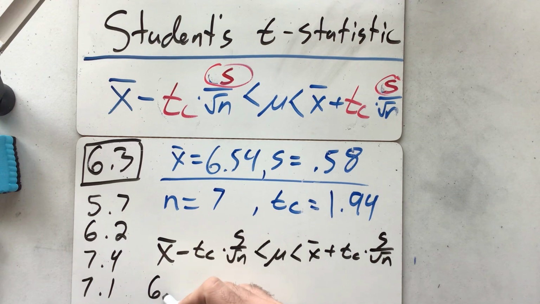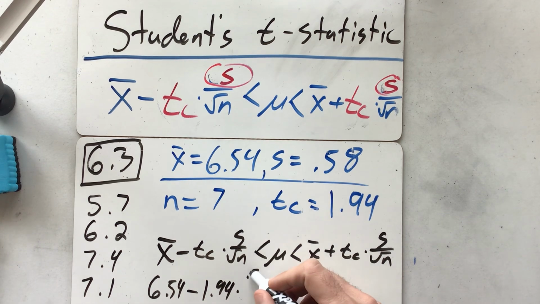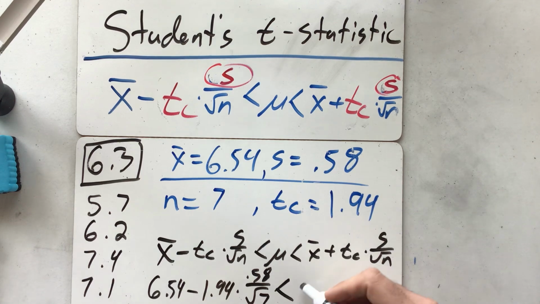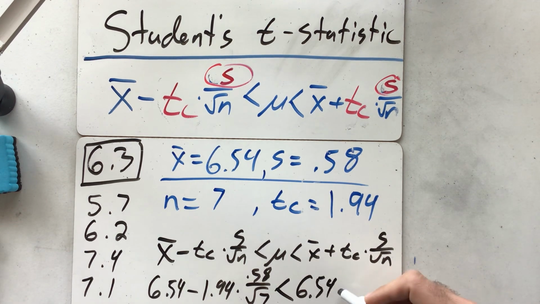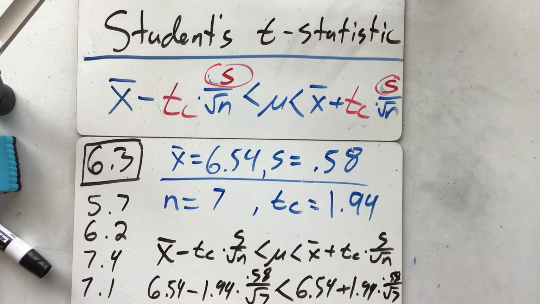So I've got 6.54 minus 1.94 times 0.58 divided by the square root of 7 is less than mu is less than 6.54 plus 1.94 times 0.58 over the square root of 7. And now I just have to get all this successfully typed into my calculator.